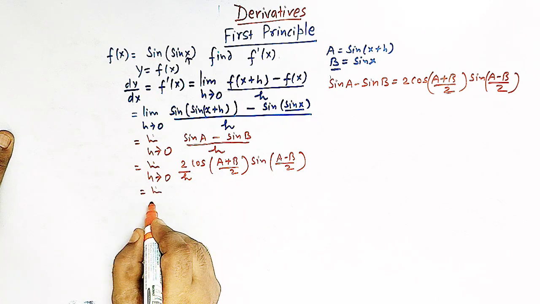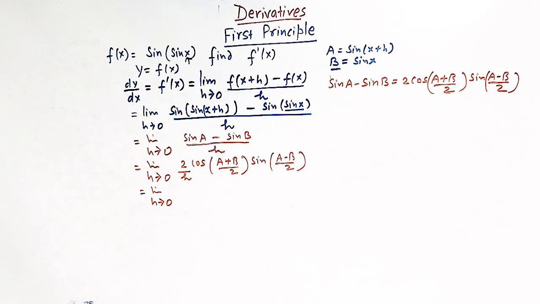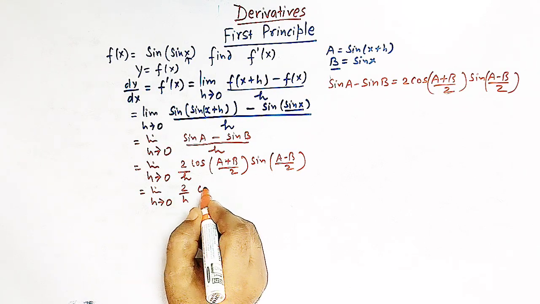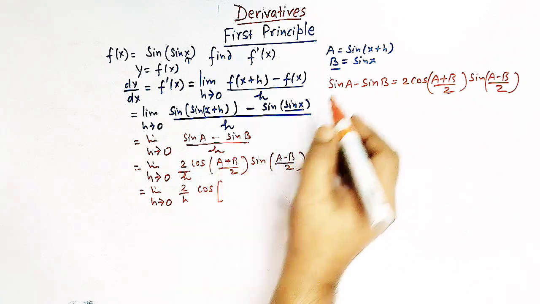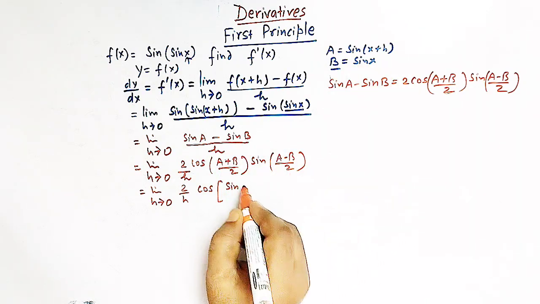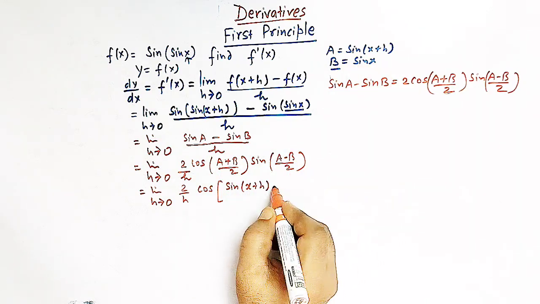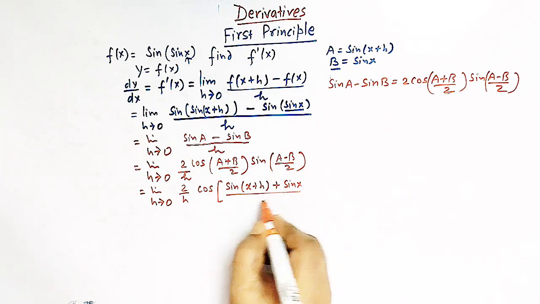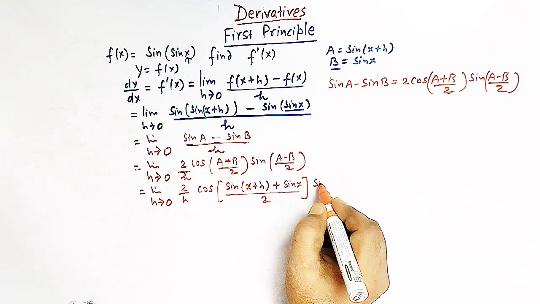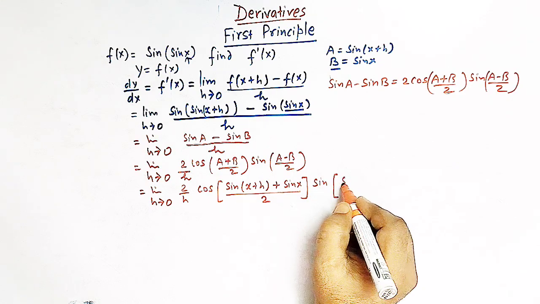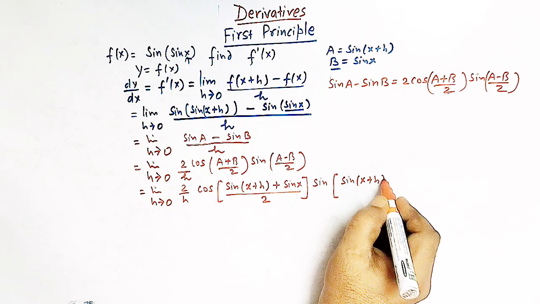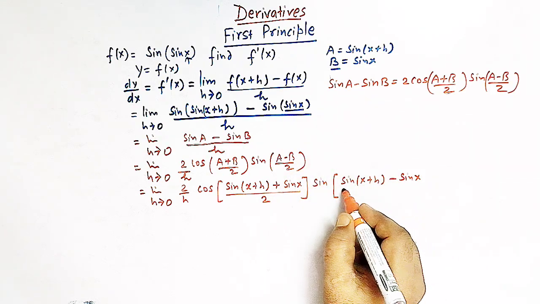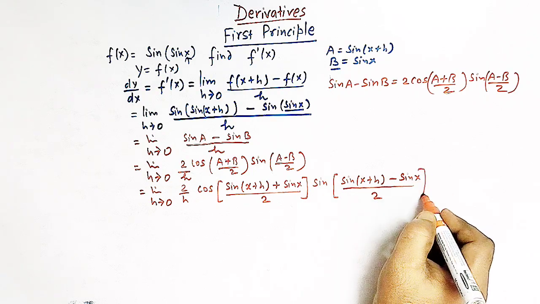So now we have limit h tends to 0, 2 by h, and we have cos, and for A we can write sine x plus h plus B is sine x, divided by 2, and then we have sine, and A is sine x plus h minus B, sine of x, divided by 2, right?